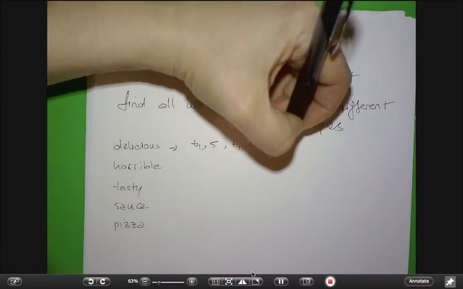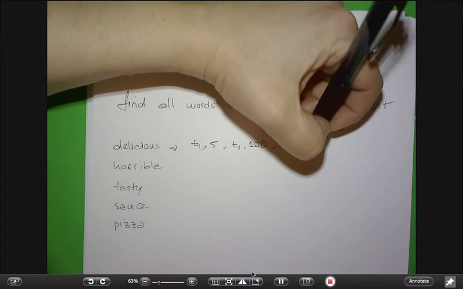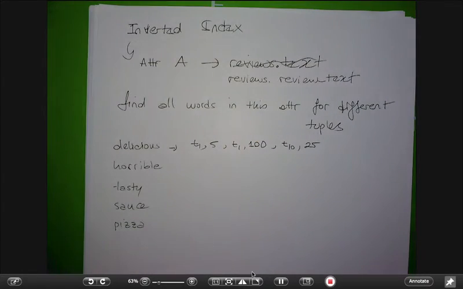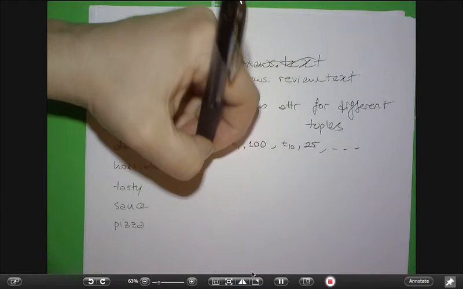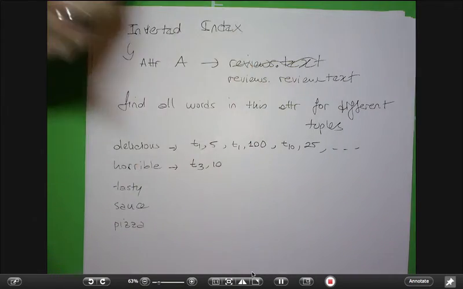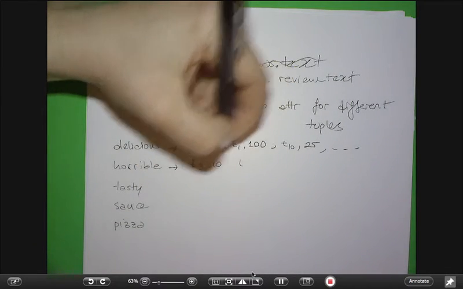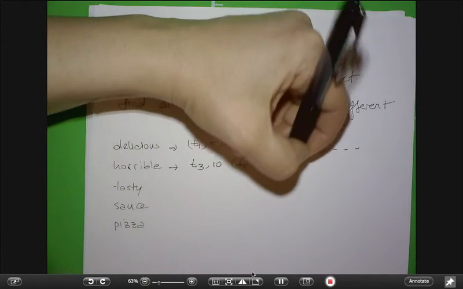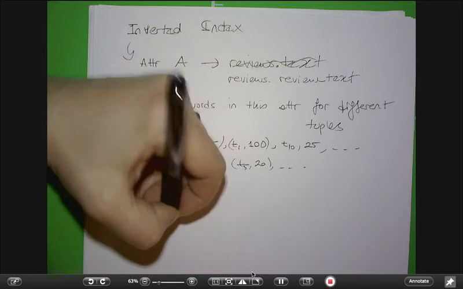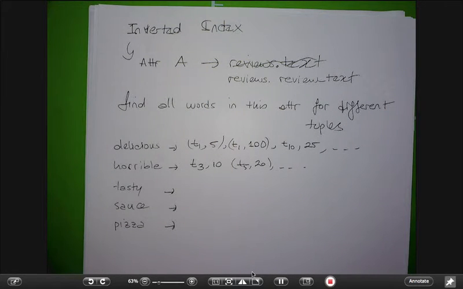And then I have another, tuple 10 has location 25, etc. Whereas horrible, hopefully for another, tuple 3 has on location 10, tuple 5 in location 20, etc. So what you're doing is you're creating a linked list from the word to all the locations that it occurs in. They call this the postings file, where all this information is posted in this attribute.